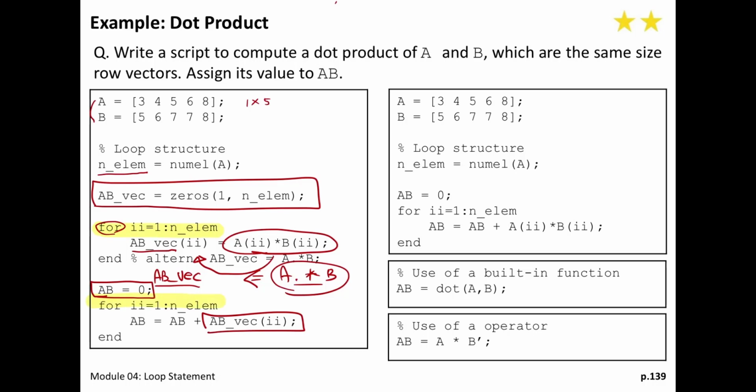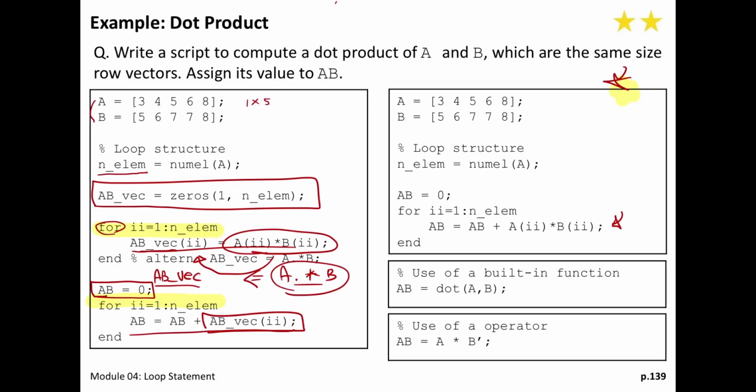But here, take a look at this part. We use the same loop iteration two times, right? So we can merge this into one loop structure to improve the efficiency, because we don't have to do the iteration two times. You can merge these two operations into a single line.